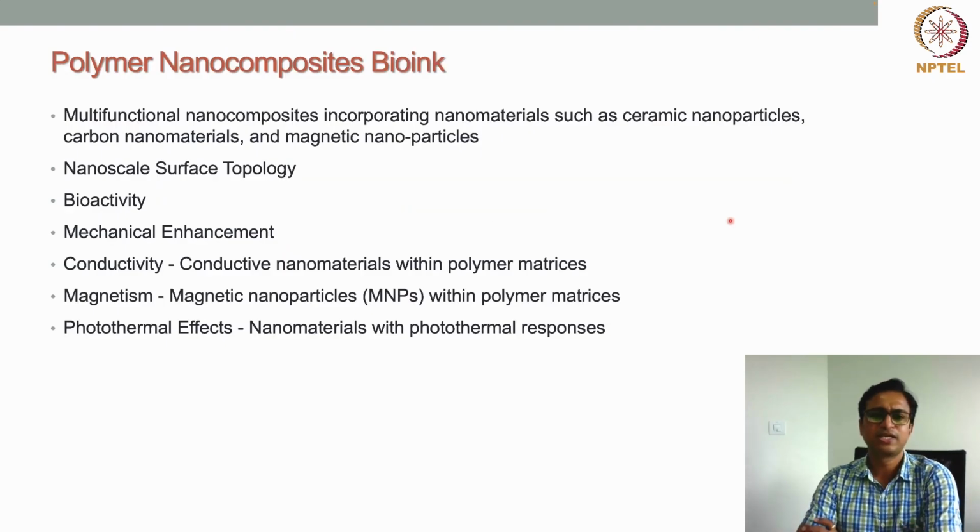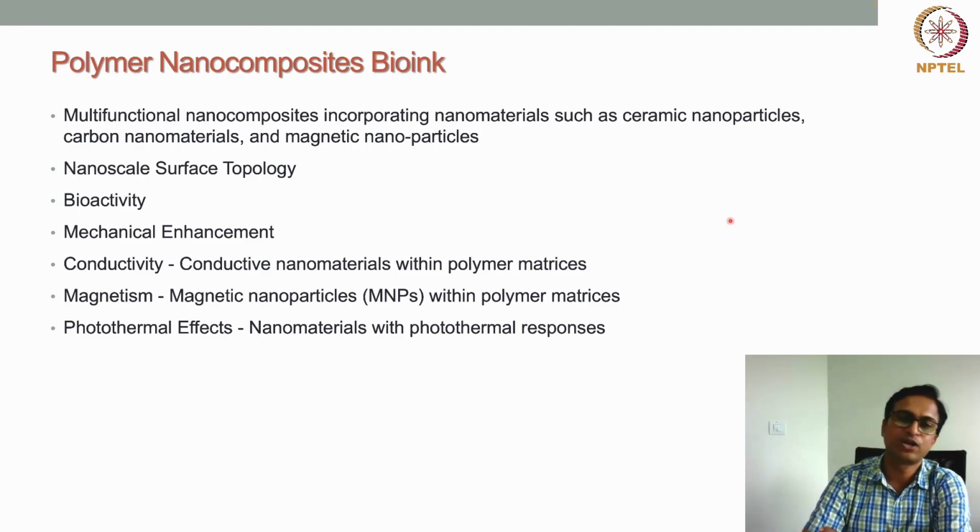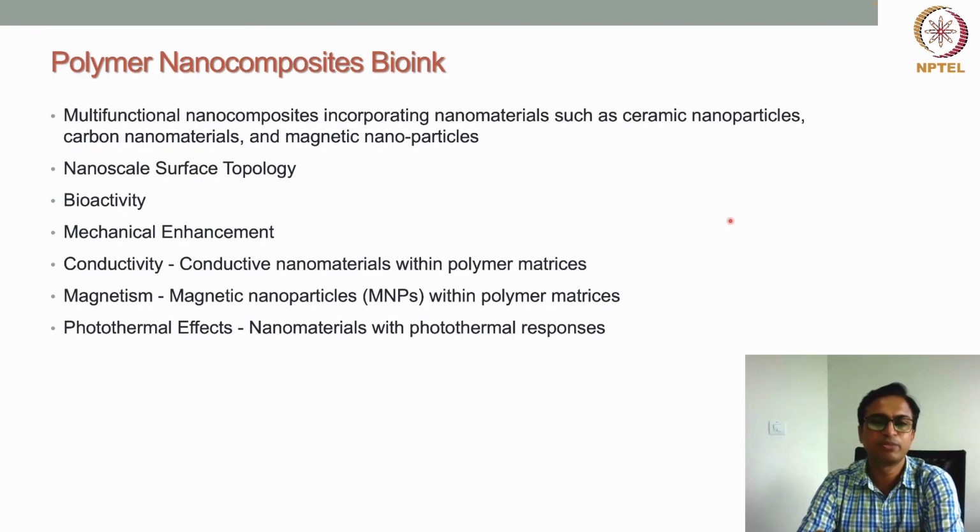Now let us discuss the different characteristics and applications of this nanocomposite bioink. Polymer nanocomposite bioinks are those where multifunctional nanocomposites incorporate nanomaterials such as ceramic nanoparticles, carbon nanomaterials, and magnetic nanoparticles.